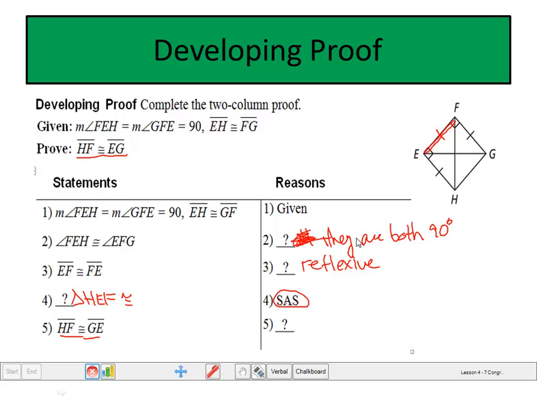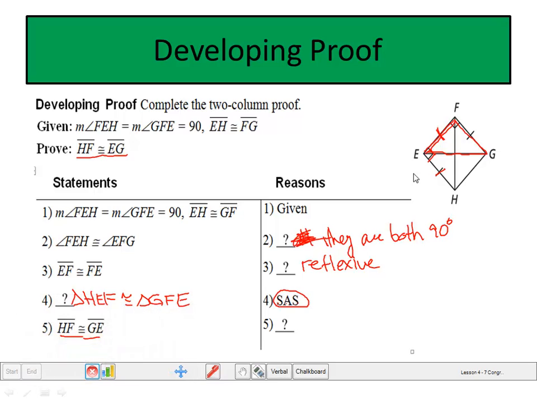Plus, all right angles are congruent. FEH, that's the same as HEF. What other triangle? HEF, because you got side, the right angle, and the side. Oh, EFG. There you go. GFE. Good deal. Hey, we just proved that 2 triangles are congruent to each other.